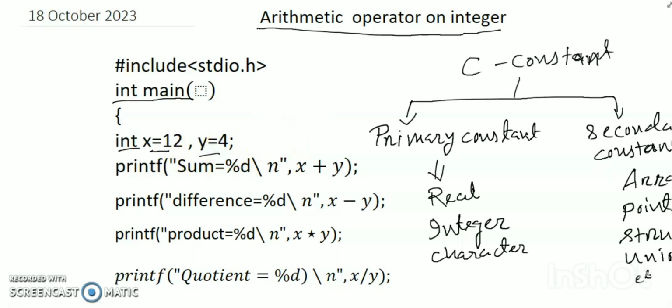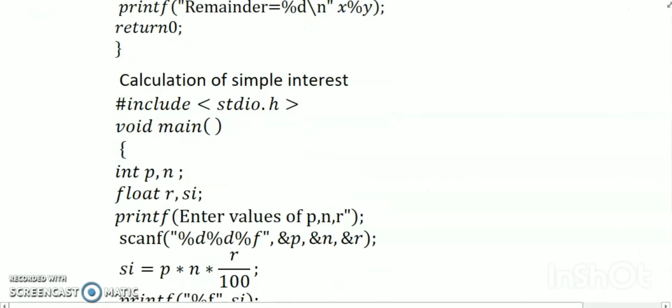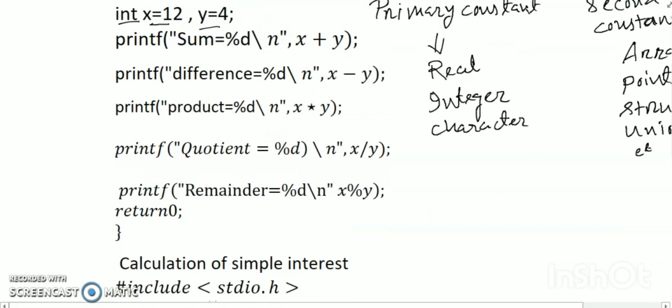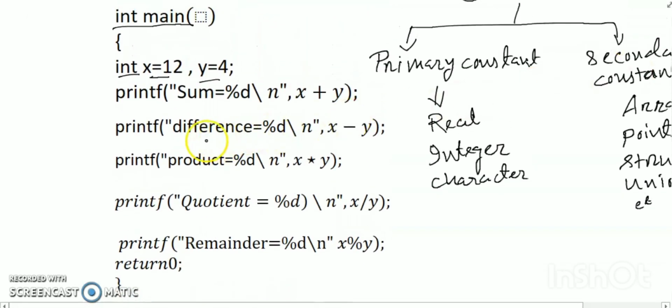Here I discuss two programs so you can understand. Printf sum %d \n, x plus y. The percent d is a format specifier, and both are bound together.